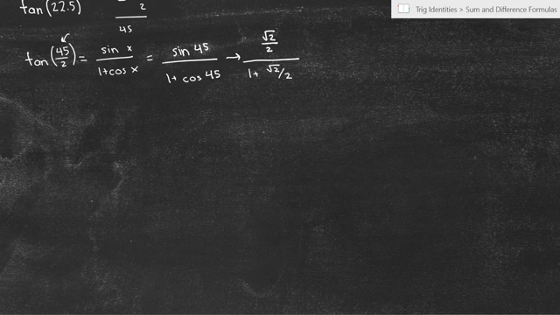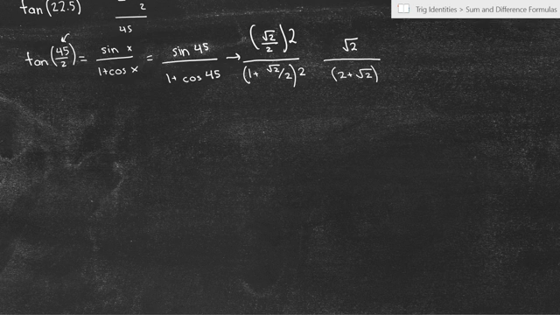I think that's all you would have to do here. I guess you could simplify. You can multiply the top and the bottom by 2 again. That gives us, on the bottom, 2 plus square root of 2, and on the top, we're left with root 2.